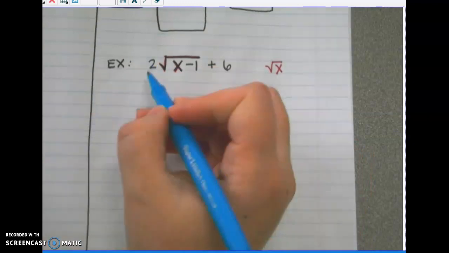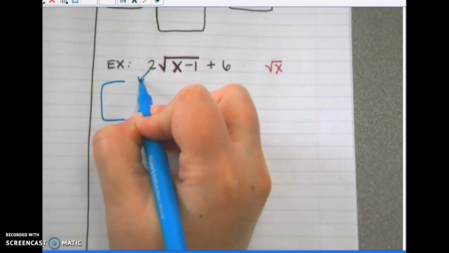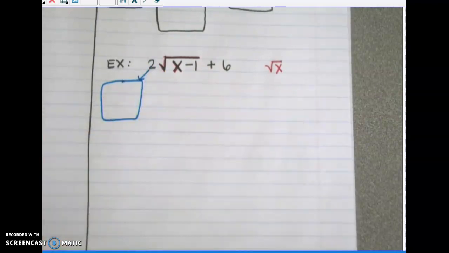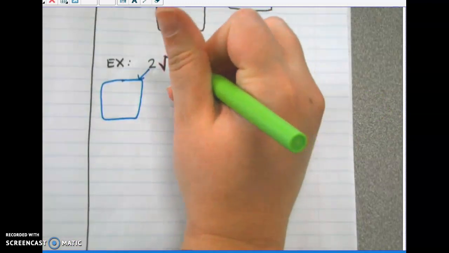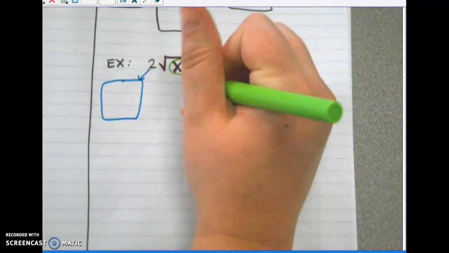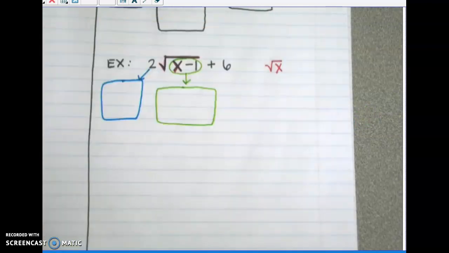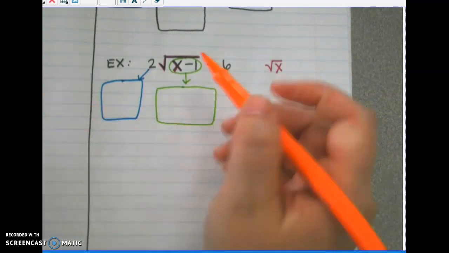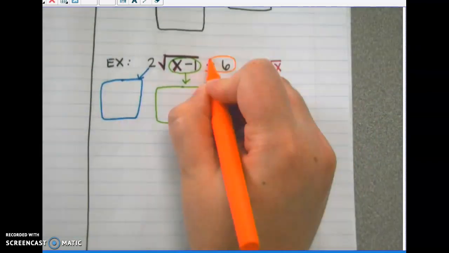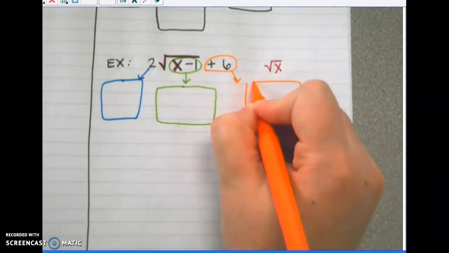So that means this 2 has done something to the graph. This x minus 1, the minus 1 has done something to the graph. And the plus 6 has done something to the graph.